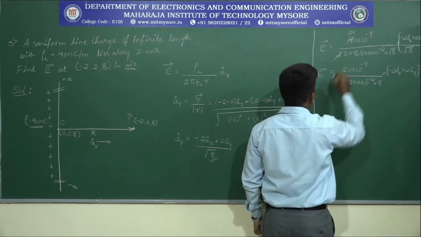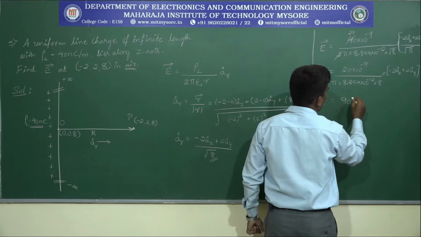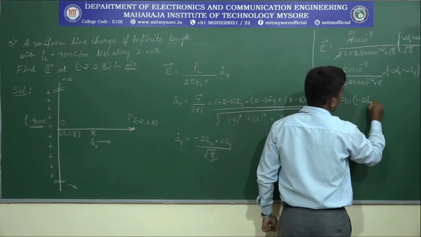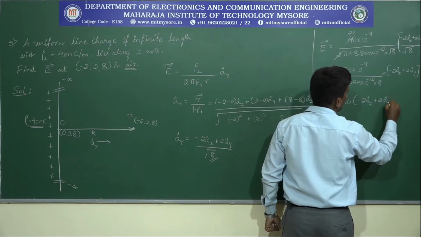If we solve this quantity, we get 90 into (-2 a cap x plus 2 a cap y).